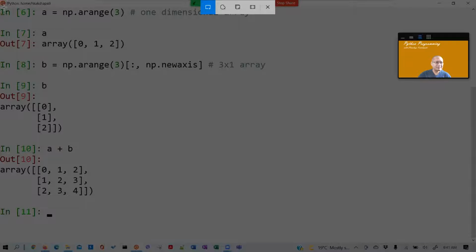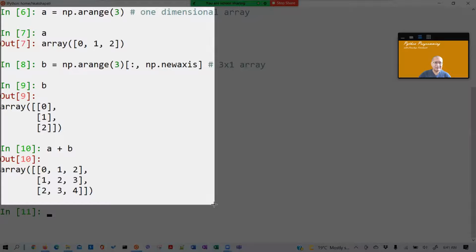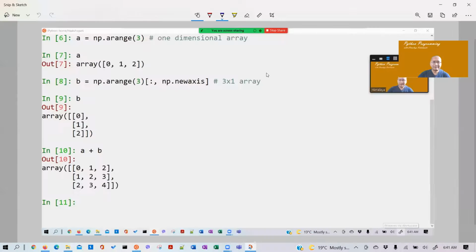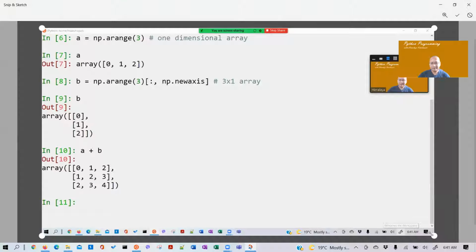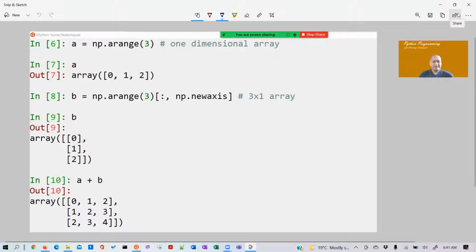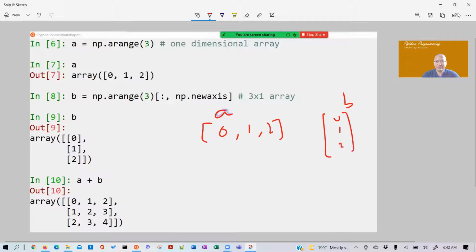We have A, which is 0, 1, 2, and our B is 0, 1, 2. So how can I add these two?